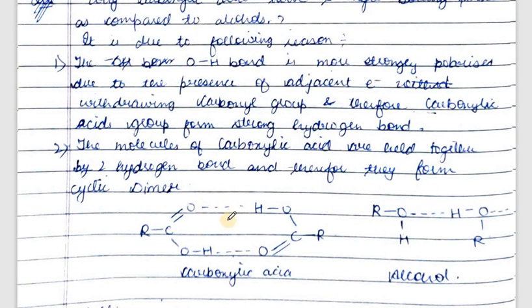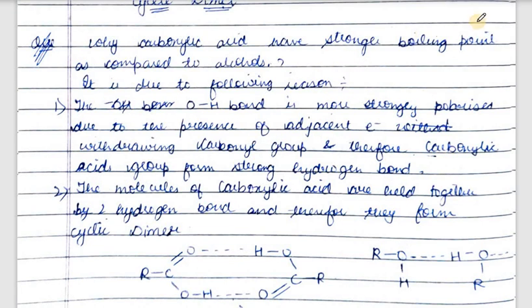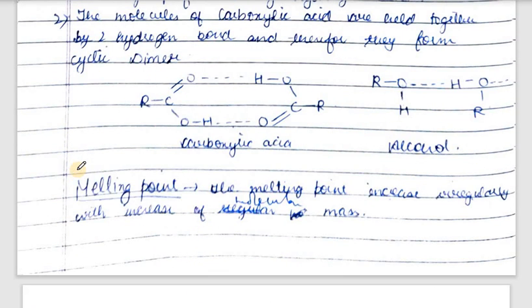One is this hydrogen bond and second is this hydrogen bond. Due to this, carboxylic acids have higher boiling points than the alcohols. These are important points. So next is melting point. The melting point increases regularly with increase of molecular mass.